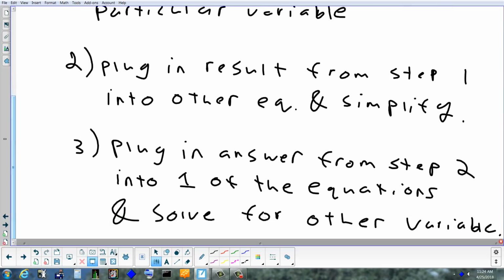Okay, so substitution is one of those things where it's really wordy to describe it. It's not as hard to just do it. So we'll take the problem that we set up and we'll solve that. Any general questions on the steps that I wrote down?